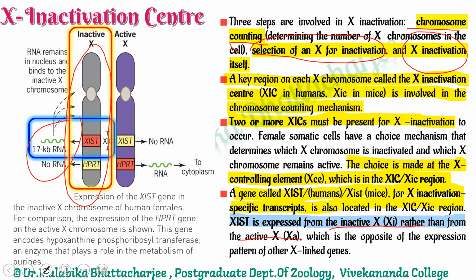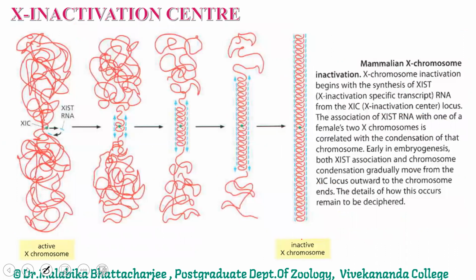Now, once this XIST RNA is produced, what happens? Initially, it was not clear how the heterochromatinization of the X chromosome occurs. The XIST RNA is a 17 kilobase non-coding RNA, so it does not have any protein product.